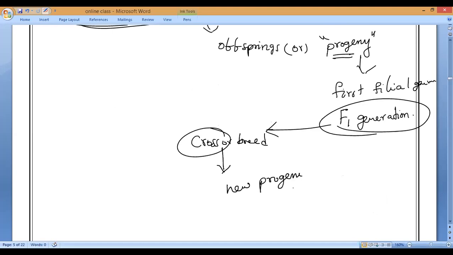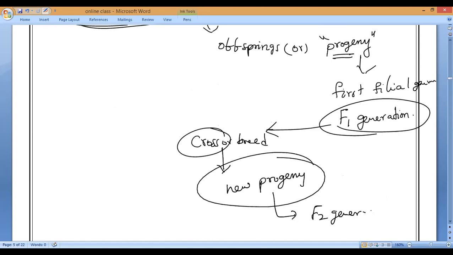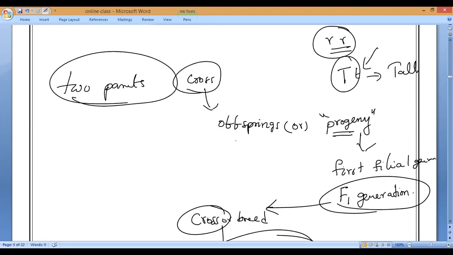That is called the F2 generation. So remember, parents undergo the cross and produce the offsprings or progeny. They are called the first filial generation, or we say F1 generation.